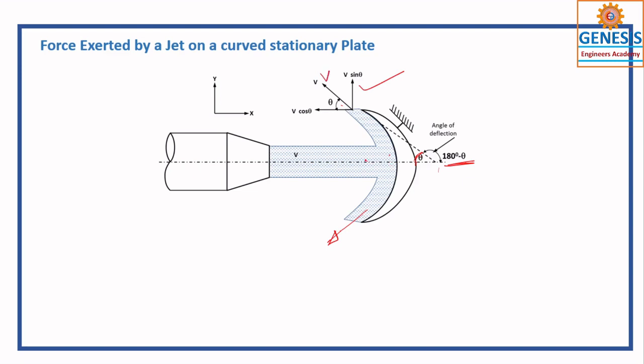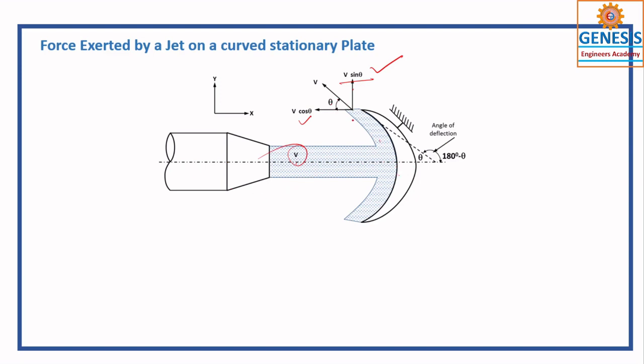This is the velocity v, and this is theta. If you resolve this v into two components, one horizontal and the other vertical, this becomes v cos theta and v sin theta. This is not the initial velocity.